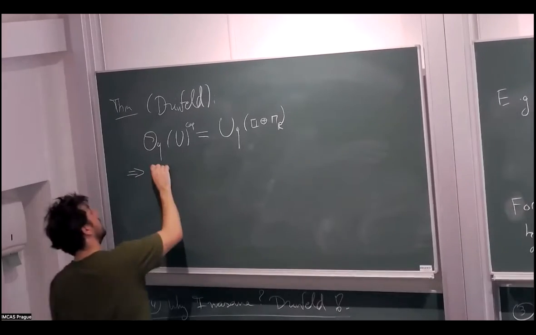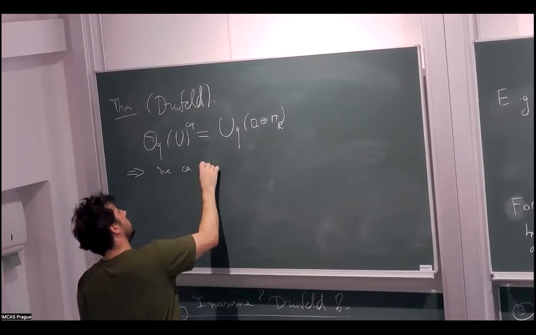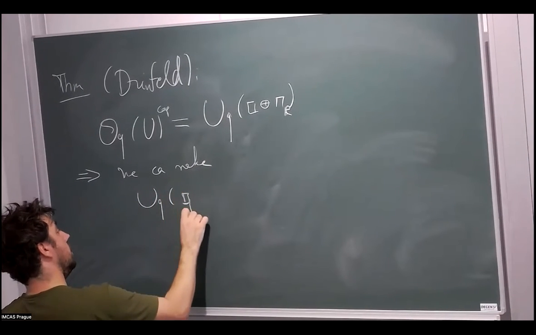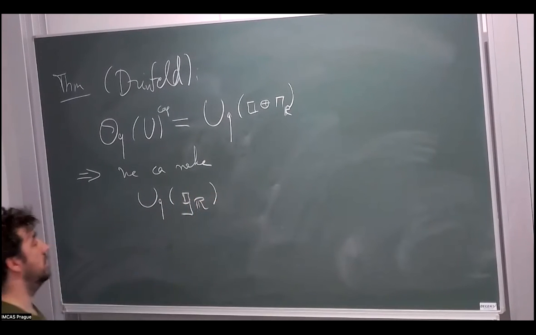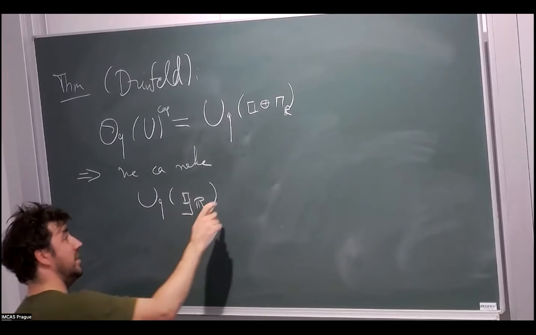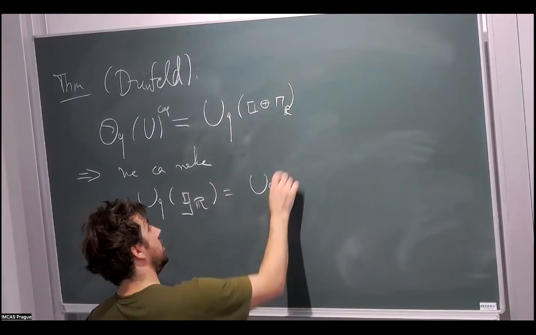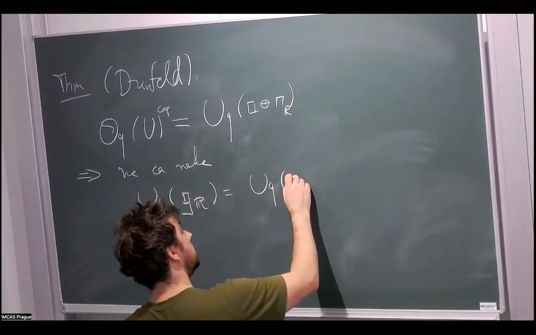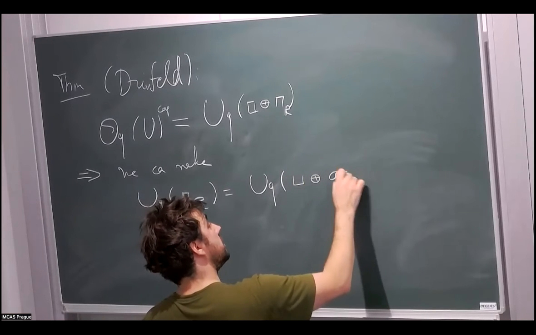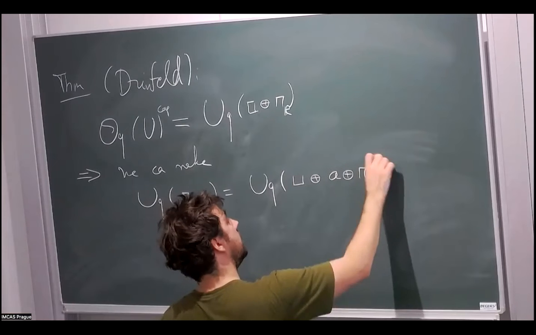Basically it means that we can make a quantization of the universal enveloping algebra of G as a real Lie algebra by saying, I take this Iwasawa decomposition. So I have U, I have A plus N_R.